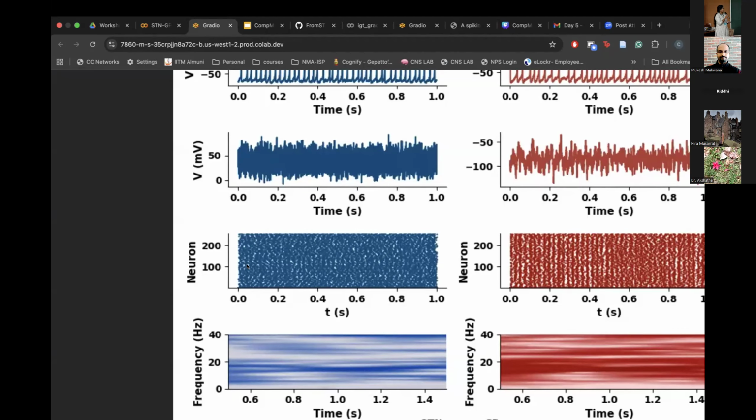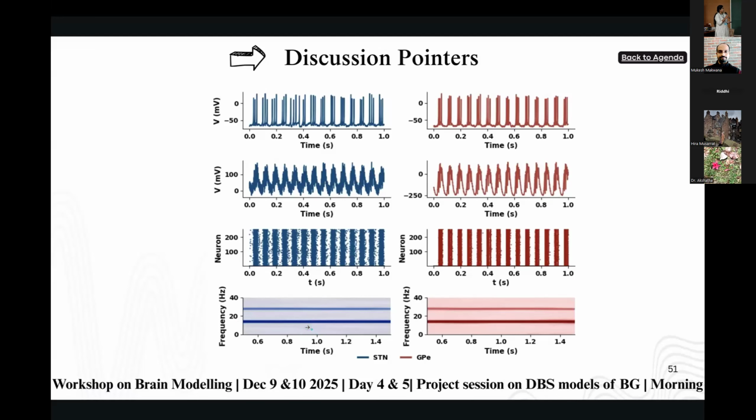I'm sure that is very easy to observe. This is what I call synchrony. All the neurons here are firing together and stopping together. In the previous condition they are randomly firing, whereas here it's very much synchronized. And if you look at the FFT spectrum or the spectrogram itself, it shows a strong band at these two frequencies, which are basically beta frequency.